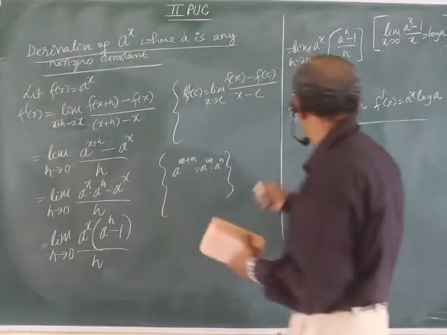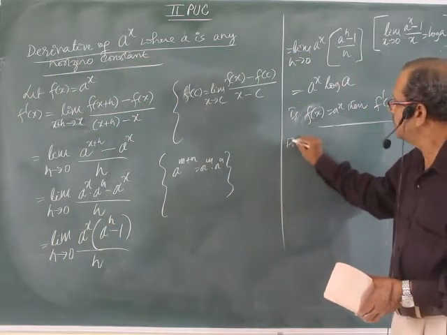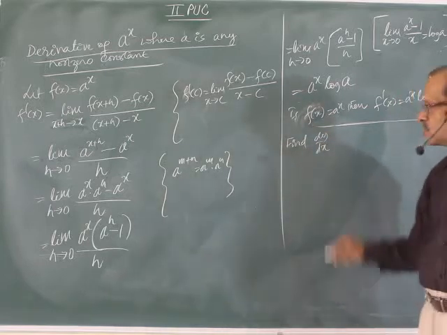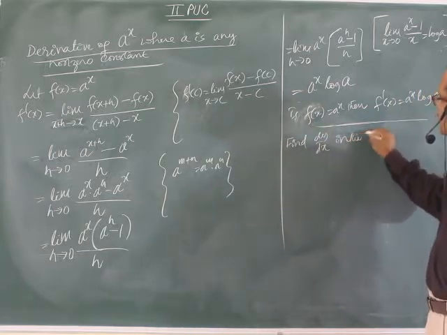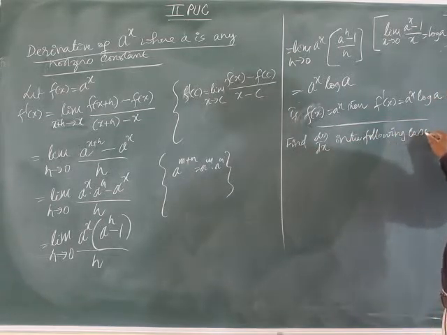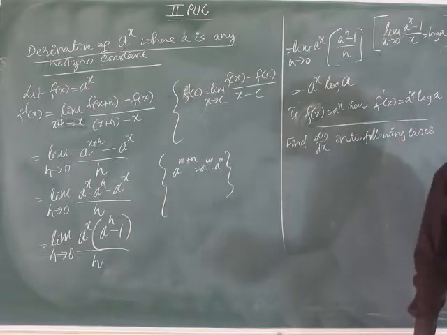Let me take an example. Find dy by dx in the following cases. Now just a to the power x is included, that's all.